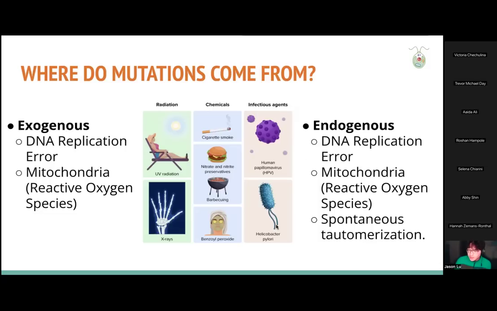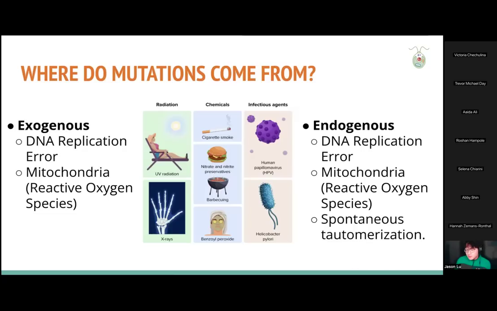I've got a lot of questions about mitochondria and the production of reactive oxygen species. So essentially what happens here, just briefly, is that at the end of your electron transport chain, which helps you make ATP, your last molecule that receives the electron is an oxygen. And sometimes this doesn't work very well and it produces what we call an oxide radical. It's really, really unstable and it wants electrons.